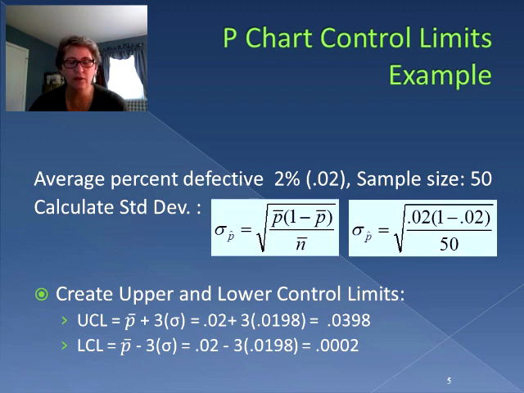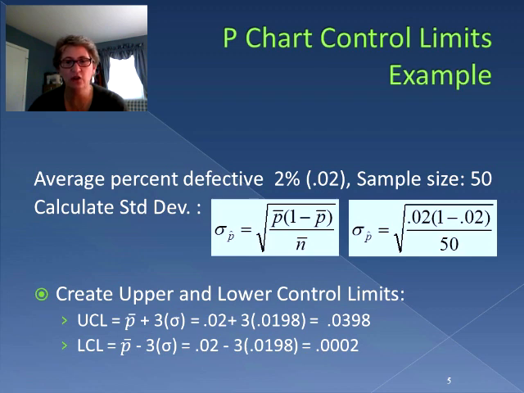From there, we can create our upper and lower control limits. P bar plus 3 times the standard deviation, P bar minus 3 times the standard deviation, and so our upper control limit is 0.0398 and our lower control limit is 0.0002. When we have our control chart, that lower control limit is our lower line on the chart, and the upper control limit is our upper line.